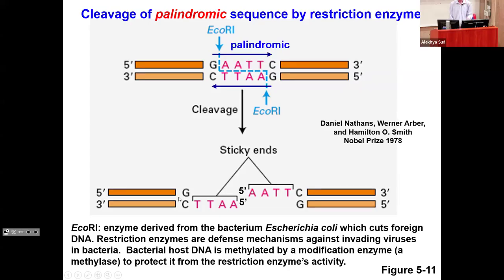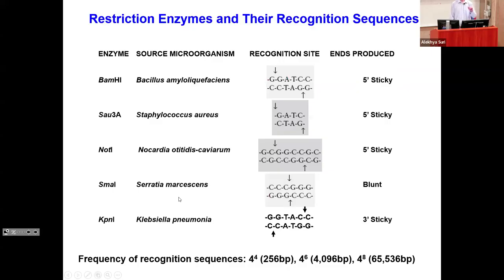So what does this mean? There's not just one restriction enzyme. You can go to a catalog, not Amazon, and you can buy lots of different enzymes.